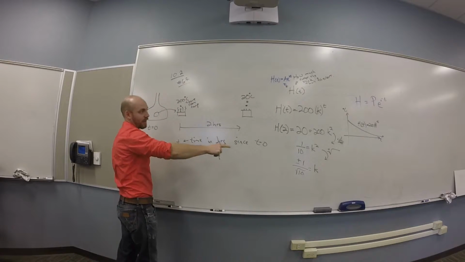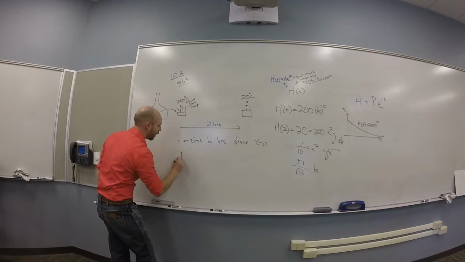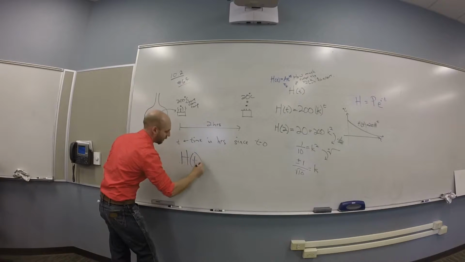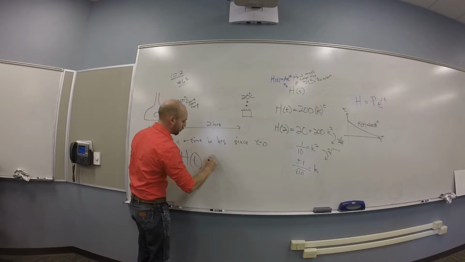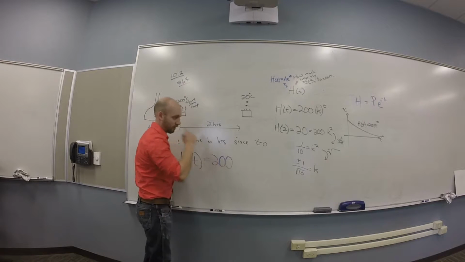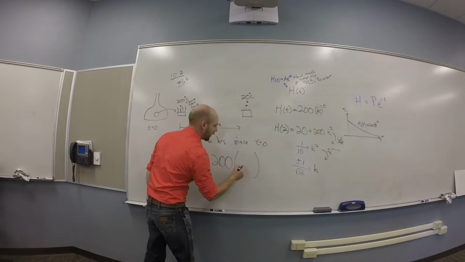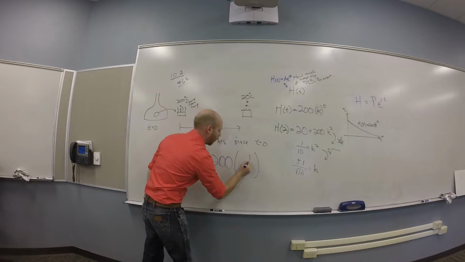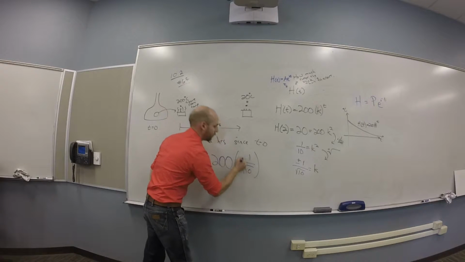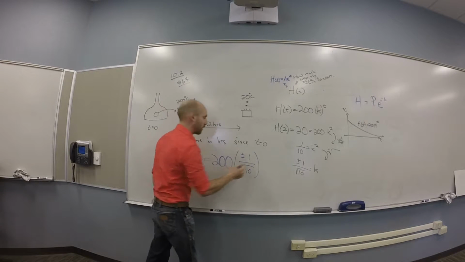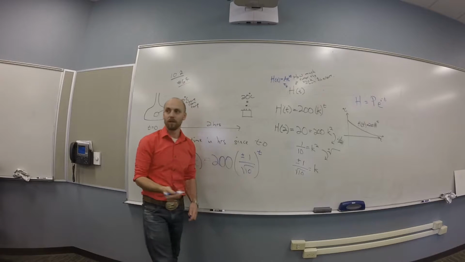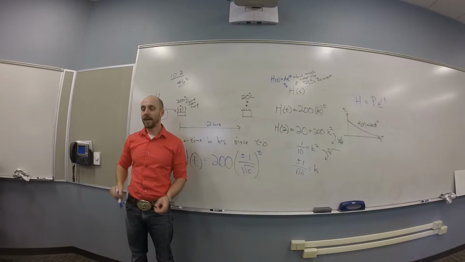I'm going to take k and plug it in. So h of t is 200, and then in here, there's a 1 over the square root of 10, maybe with a plus or minus, right? And a t there.